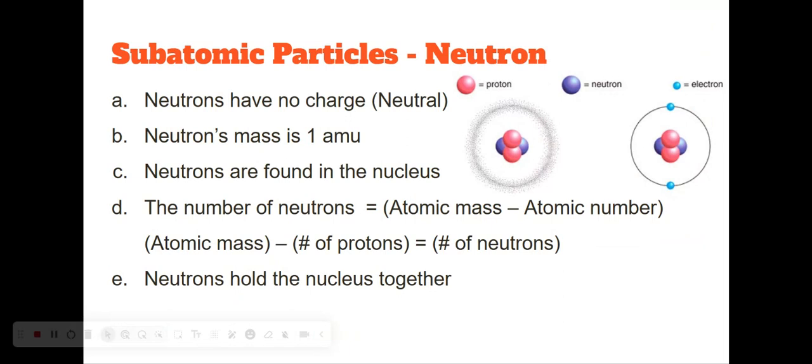Neutrons also have a mass of 1 AMU. And we determine the number of neutrons by taking the atomic mass, which is found on the periodic table, and subtracting the atomic number. Now, since the atomic number and the number of protons is the same, we can also rewrite that equation to be atomic mass minus the number of protons equals the number of neutrons. And the job or the role that the neutron has is it holds the nucleus together.